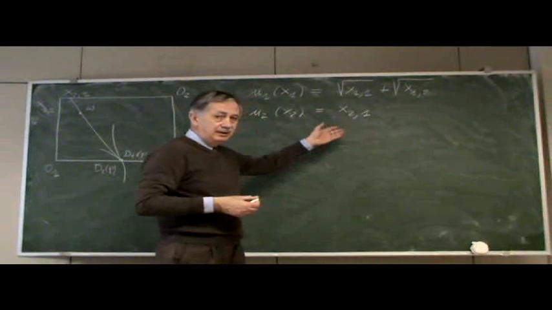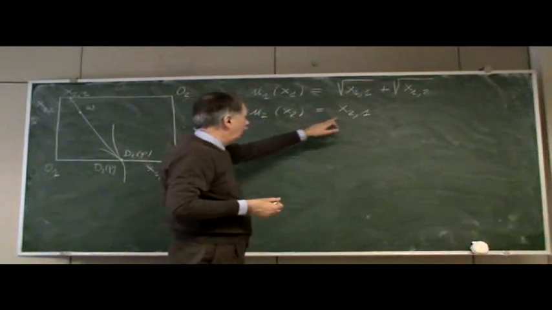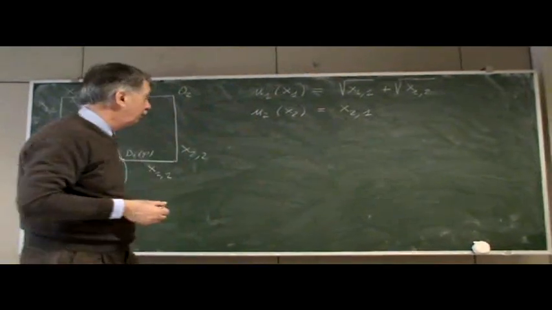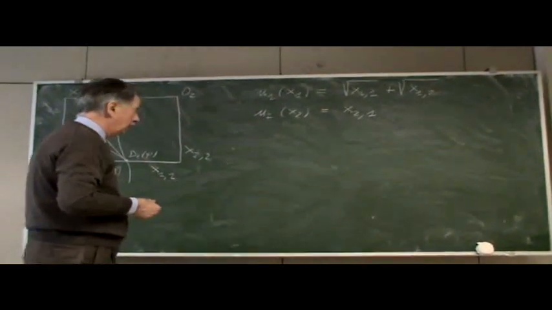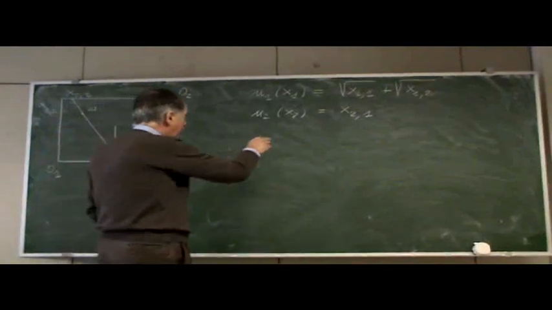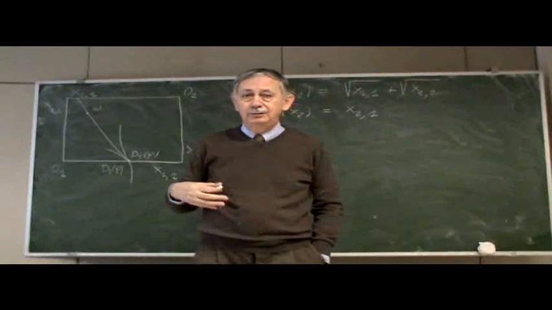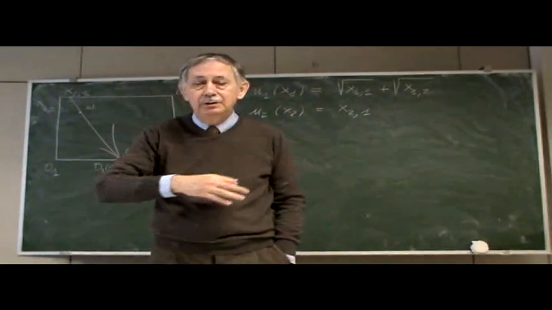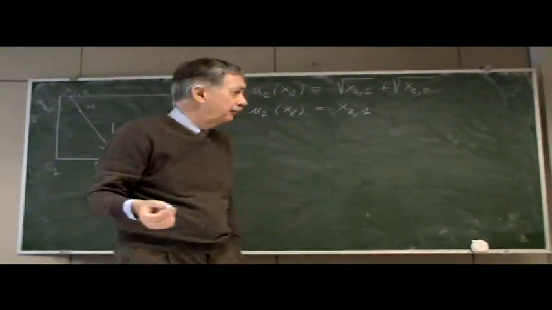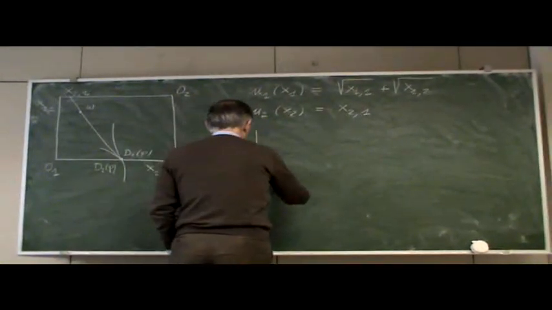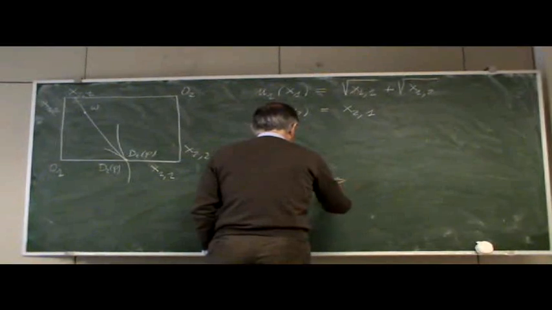It's very simple. Only good one is relevant for consumer 2. Note that in the utility function of consumer 2, the quantity of good 2, x22, does not appear. So preferences of consumer 2 have this form.